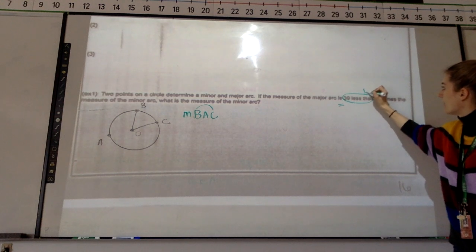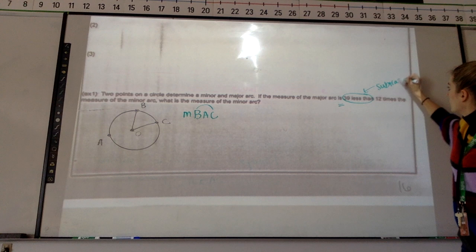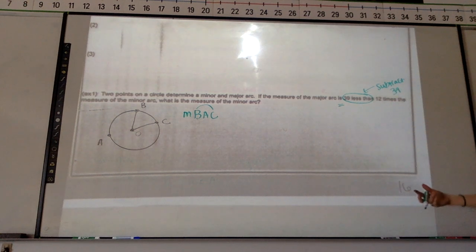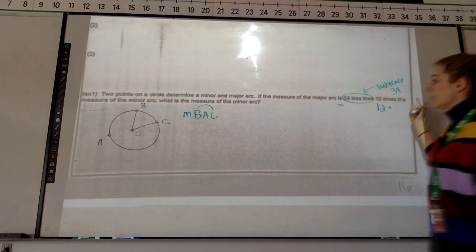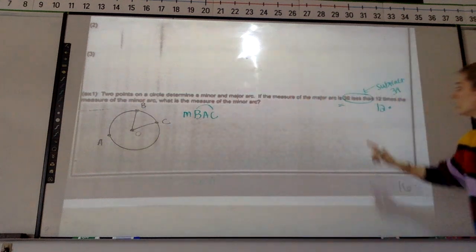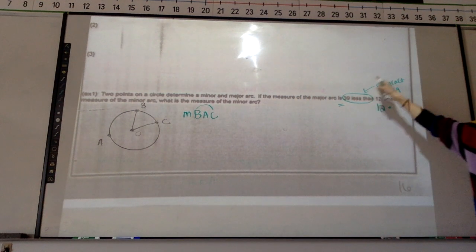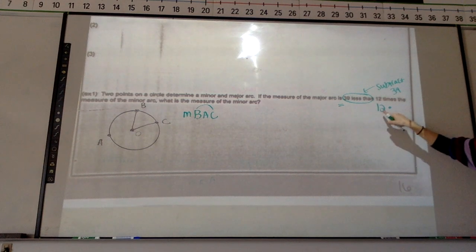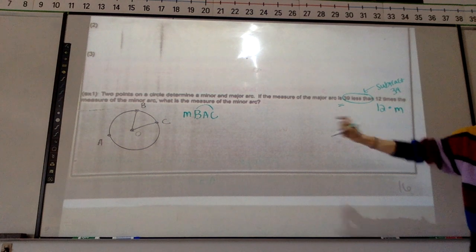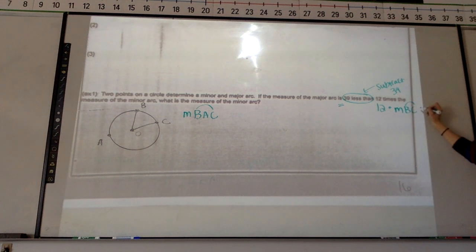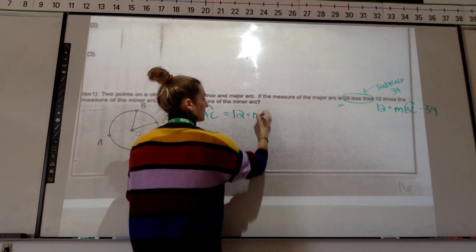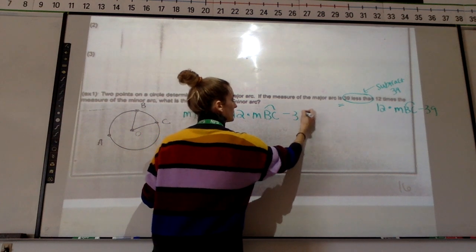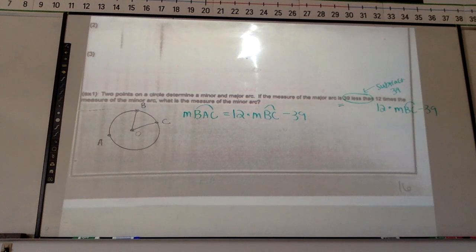When I see 39 less than, I'm going to have to subtract 39 from whatever expression I'm writing. 12 being multiplied by the measure of the minor arc, BC, and then I throw that subtraction in, minus 39. So the measure of the major arc equals 12 times the measure of the minor arc minus 39. That's my first equation.